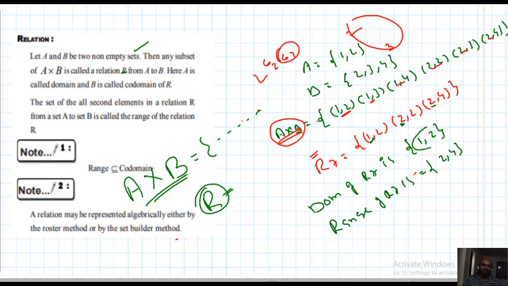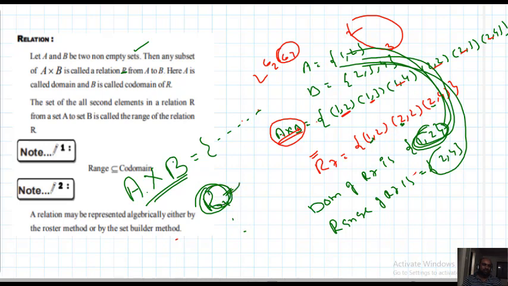Important thing is the domain is a subset of A, sometimes equal, and the range is a subset of B. All these relations R1, R2, R3 are relations from A to B. Domain of R1 is a subset of A, range of R1 is a subset of B. This is the definition of domain and range.